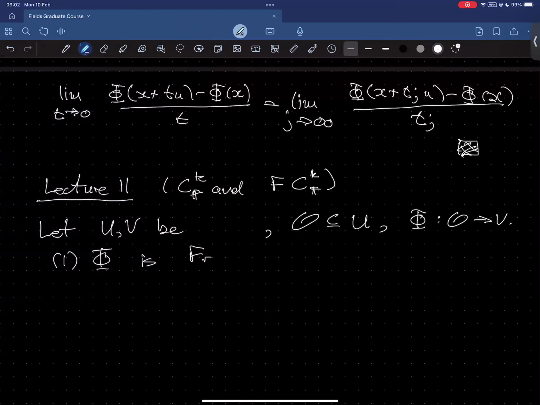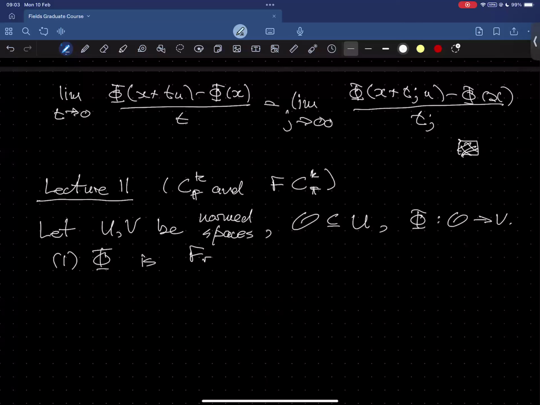The discussion today for CK and FCK applies to normed spaces. So U and V are normed spaces.